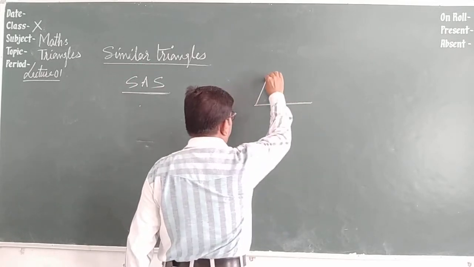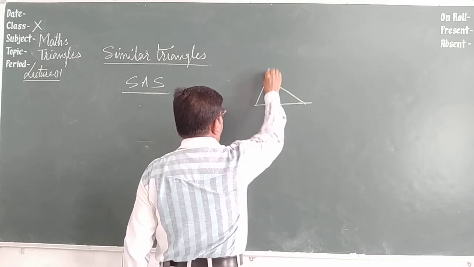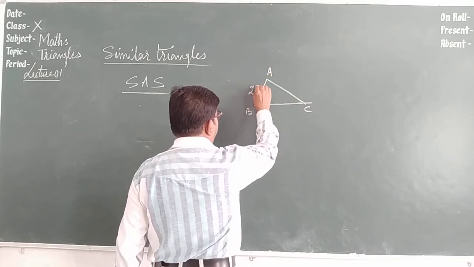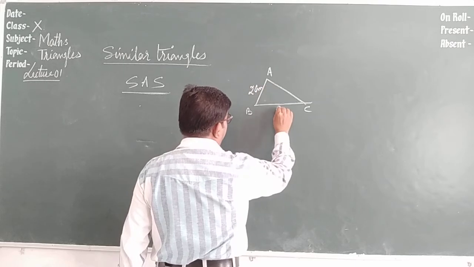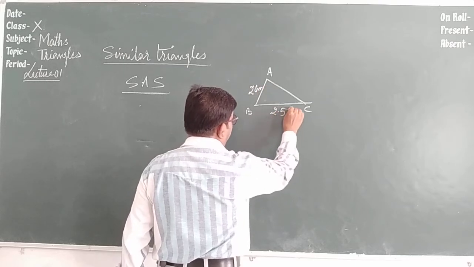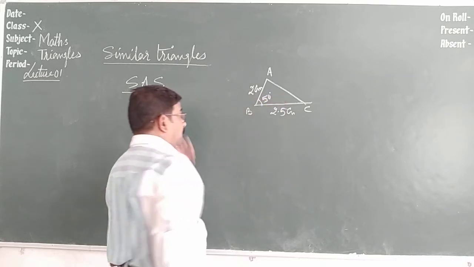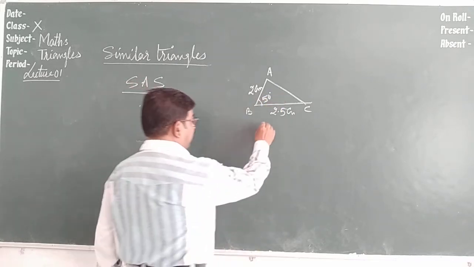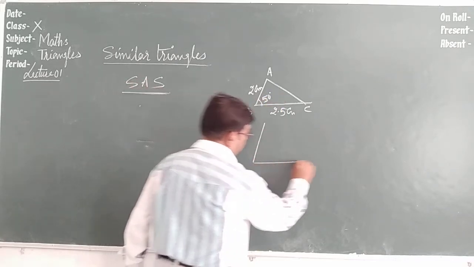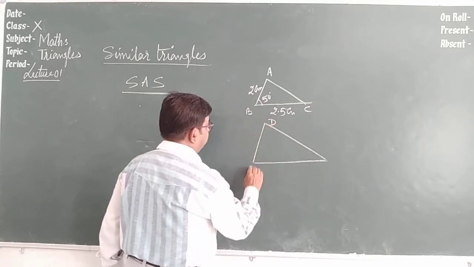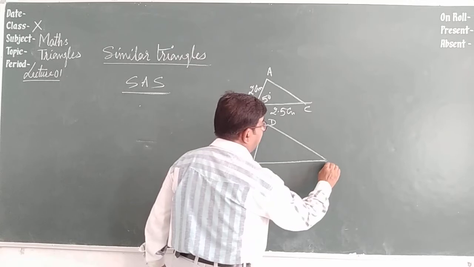suppose we have a triangle ABC. This side is 2 centimeters, this side is 2.5 centimeters and the angle between them is 50 degrees. Another triangle we have, triangle DEF.